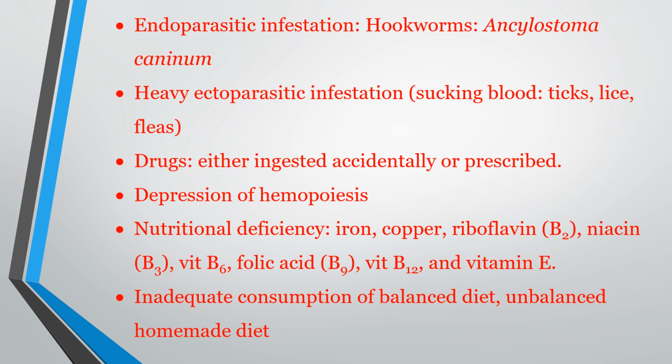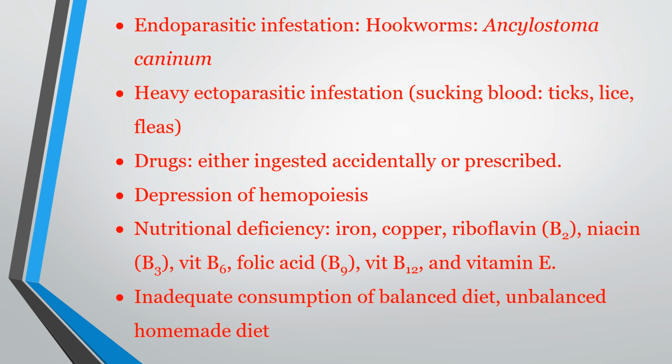Certain drugs, either ingested accidentally or prescribed, also cause anemia. If there is depression of hemopoiesis, there is decreased hemopoiesis by bone marrow. It also results in anemia. And a common cause of hemopoiesis depression is nutritional deficiency.